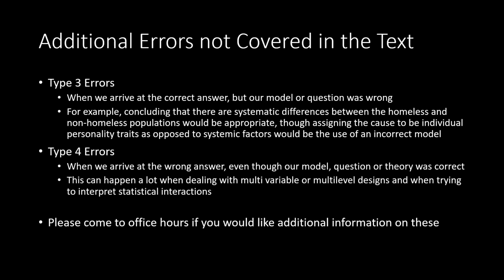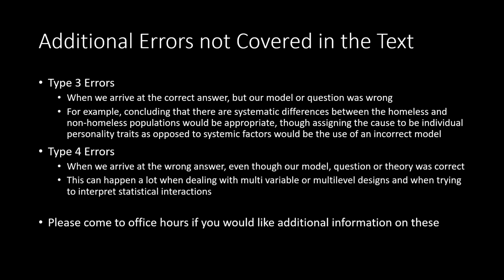Now, two types of additional errors that are not covered in this textbook that I'm putting here just so that you are aware that they are present are type 3 and type 4 errors. So a type 3 error is when we arrive at the correct answer, but our models or questions are in fact incorrect. An example of this would be if you conclude that there are systematic differences between the homeless population and non-homeless populations.